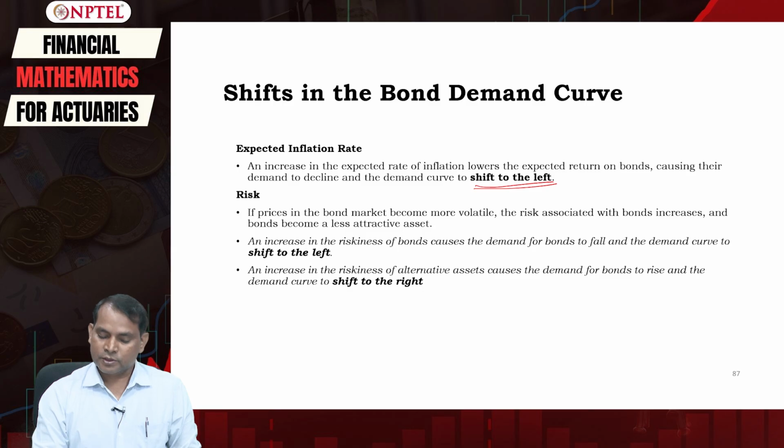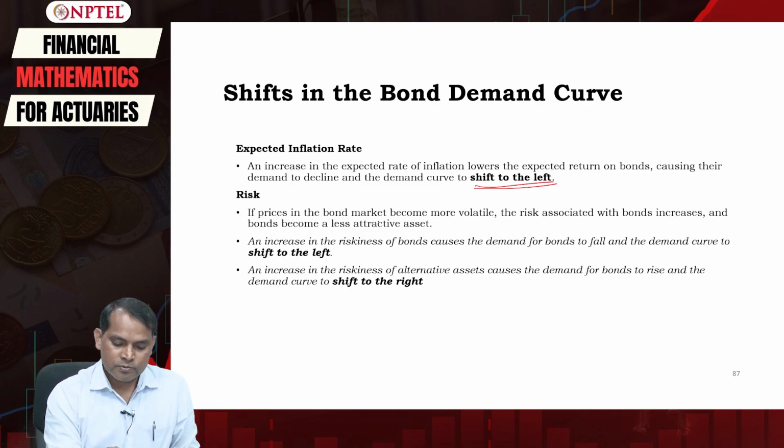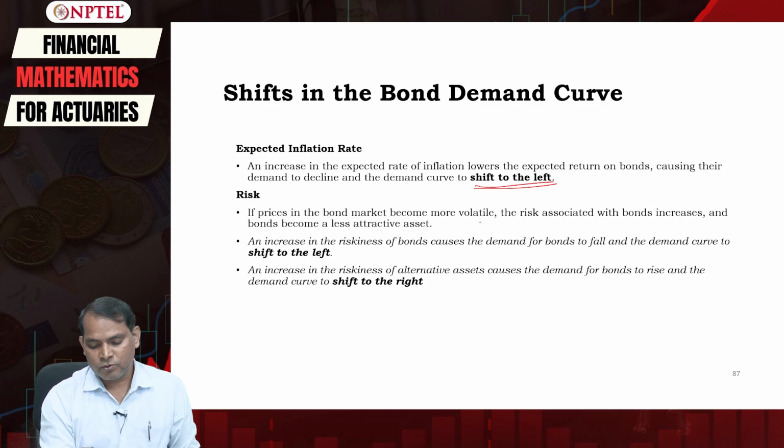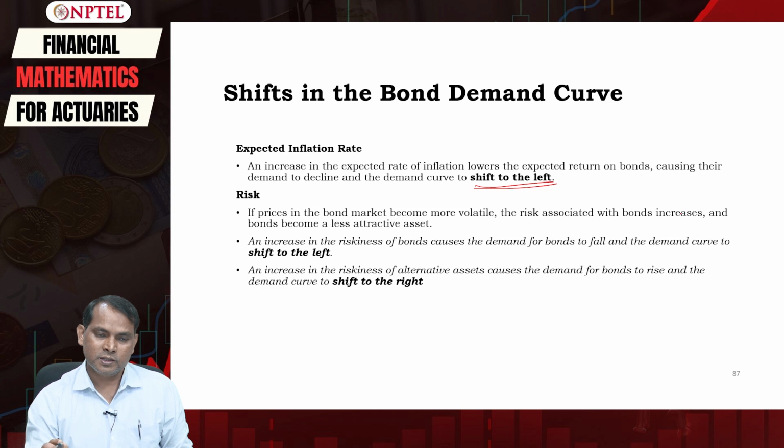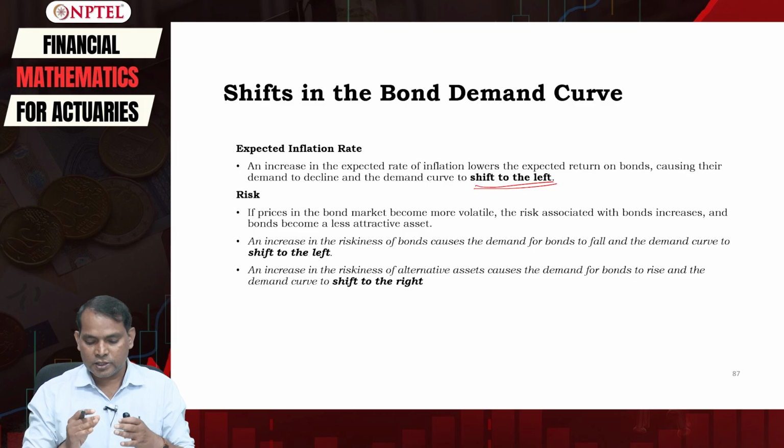What about risk? If prices in the bond market become more volatile, or more risky, the risk associated with bonds increases. In the case of a volatile bond market, if there is high fluctuation in prices, volatile means frequent ups and downs.